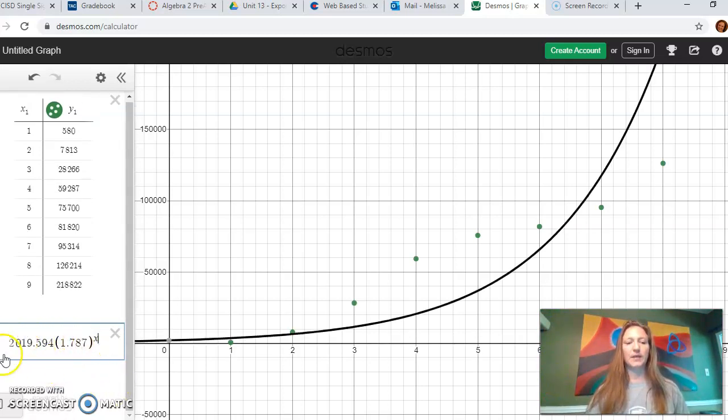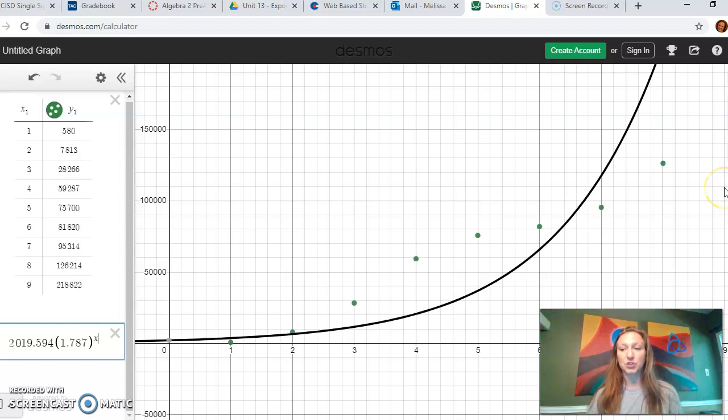So if you put it with a y equals, it makes an equation here for you. You make sure you have an x and a y in order to get the equation. And it's really cool because it shows you the graph here that we did in our calculator last week. So you can now see our data points and our line.